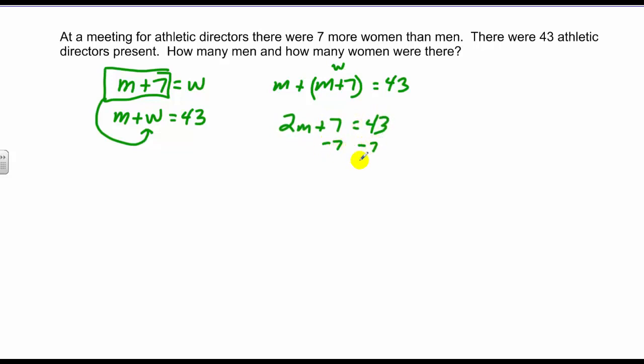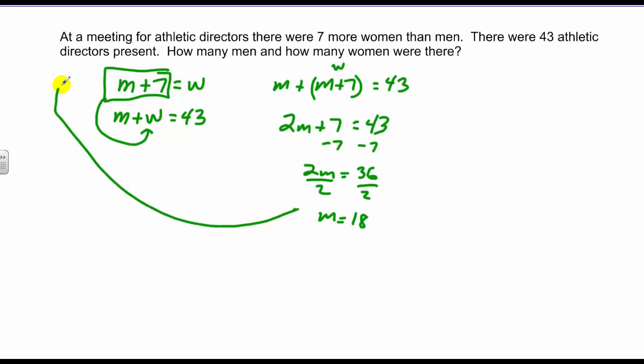Subtracting 7 from both sides, I get 2M is equal to 36, and dividing by 2 on both sides, I get M equals 18. So there's 18 men. And if I go back up here and say 18 plus 7, I get my W. That's 25 women. And I check to see there are certainly 7 more women than men, and if I add the two, I get a total of 43. So that checks out.